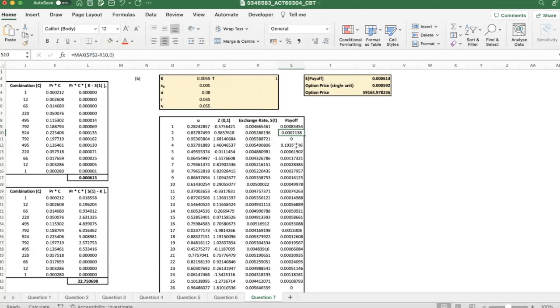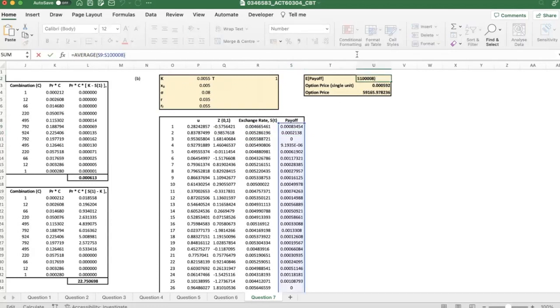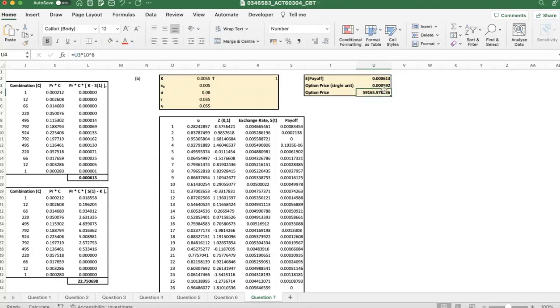After that, we find the average payoff of all the 100,000 iterations to get the expected payoff, and we will discount it back to 1 year as well. However, we also have to note that this option price is for a single unit, and after this, we will multiply it by 100 million yen to get the option price. So that's all for my video today. Thank you.